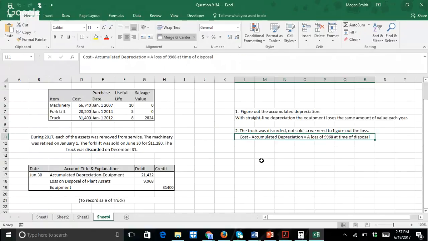The truck was discarded, not sold, so we have to figure out that loss. We do that by taking the original cost of the truck, and then we subtract the accumulated depreciation over those 8 years. And that equals a loss of $9,968 at the time that they disposed of it.